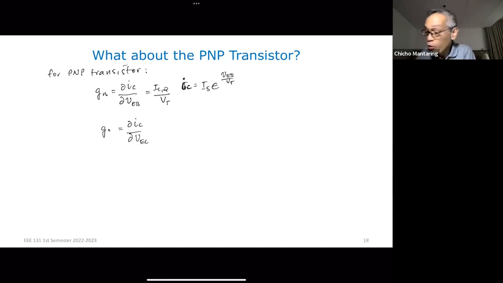And if I try to compute that, I'm also going to get the same formula. I'm going to get ICQ over VA. And finally, I'm going to get R pi, the R pi that I will compute, which is 1 over my partial of IB with respect to VBE.